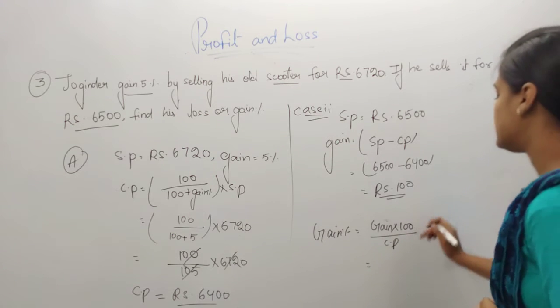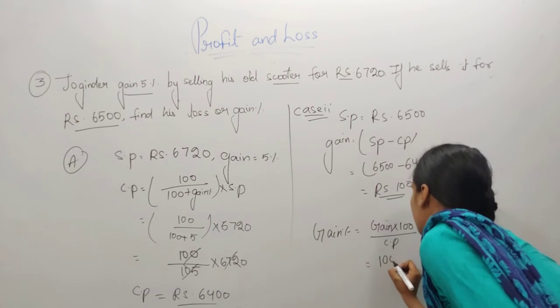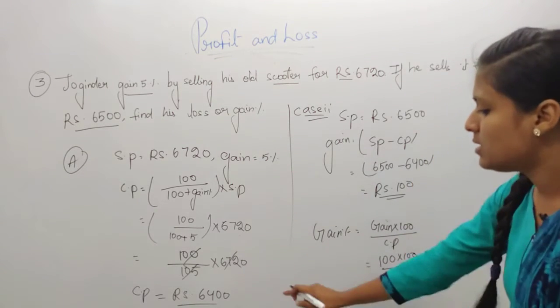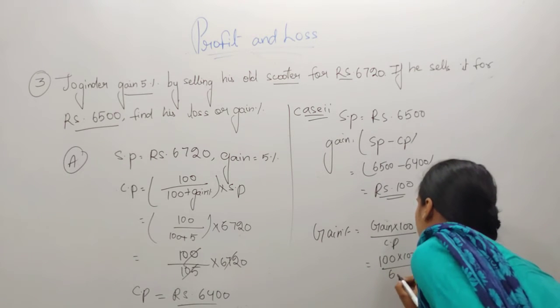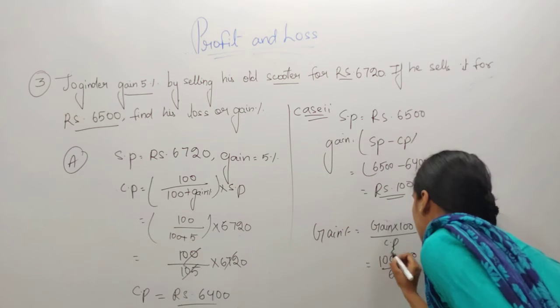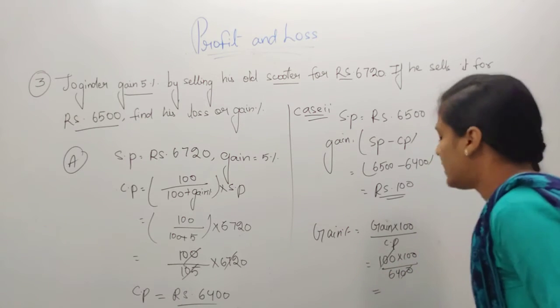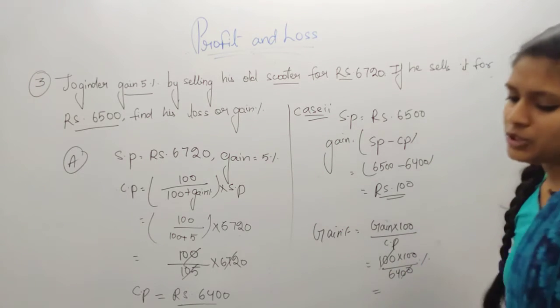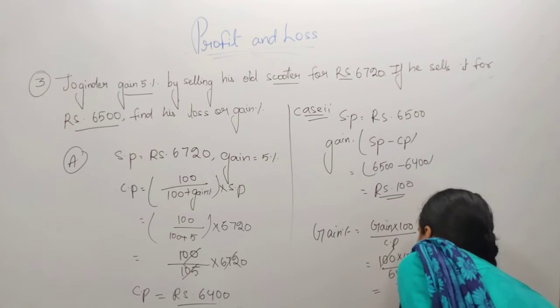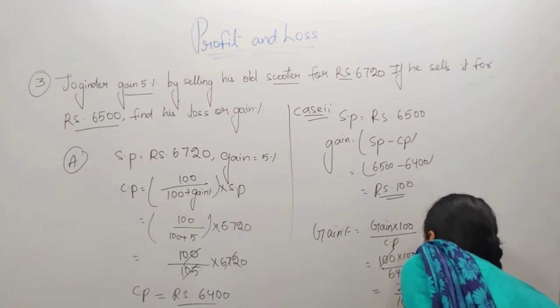What did you find out? Rupees 100. 100 into 100 by CP, how much? 6,400. By doing all this cancellation, what answer will you get? Gain percent, how much will you get? 25 by 16. 25 by 16%.